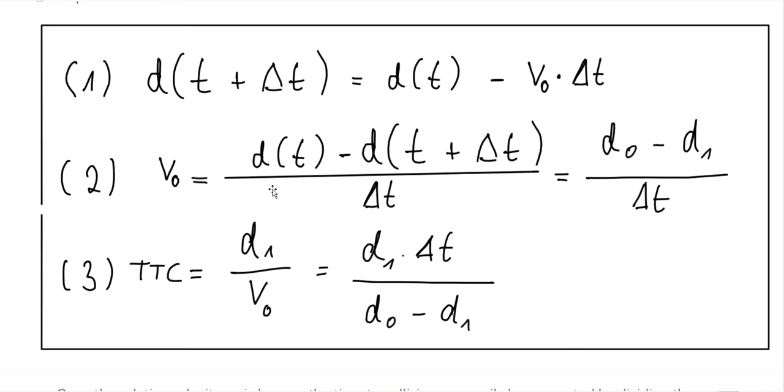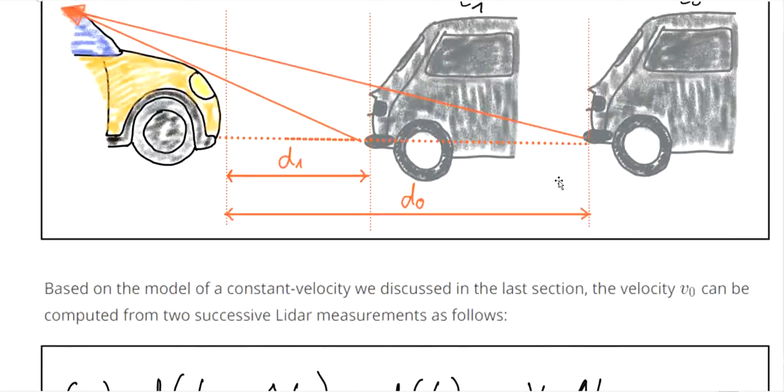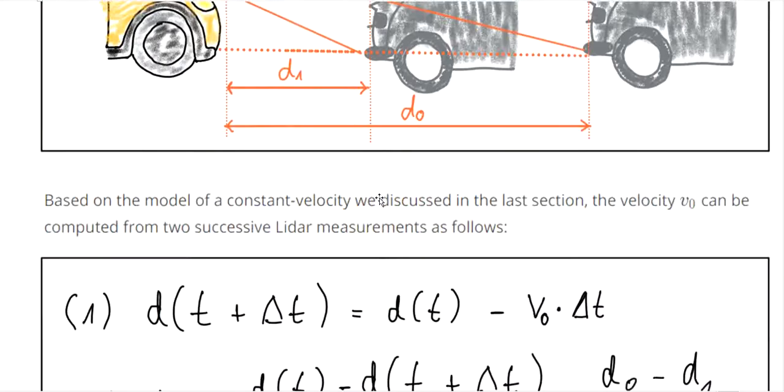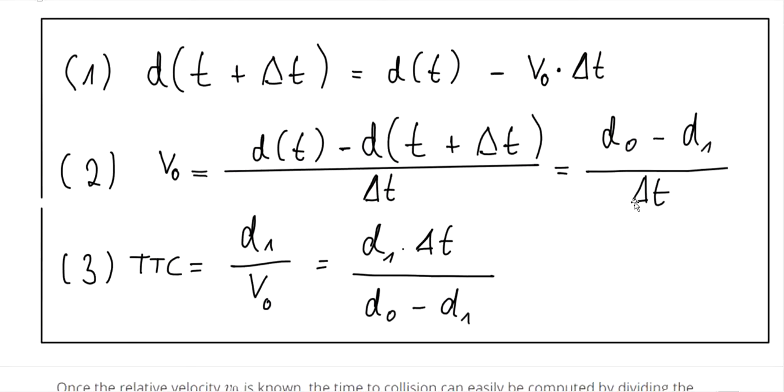You use this formula to calculate v0. Plug it into the formula. The distance at delta t equal d0, and the distance after delta t means d1. You divide by delta t and you can calculate the velocity v0.